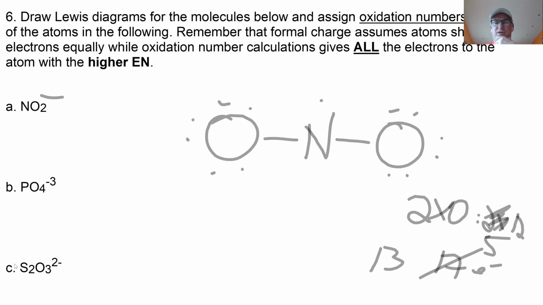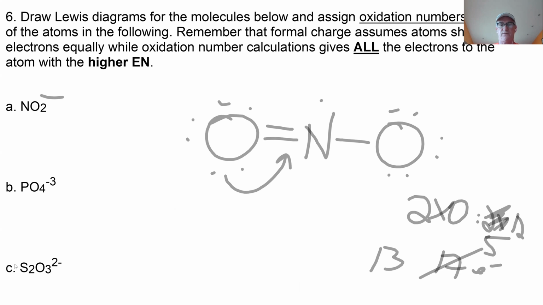How many total electrons does the nitrogen have? Only 4. Oh, total, 5. It's only got 5. So it needs 3 more to have an octet. So we'll address that by putting that lone pair there and making a double bond.